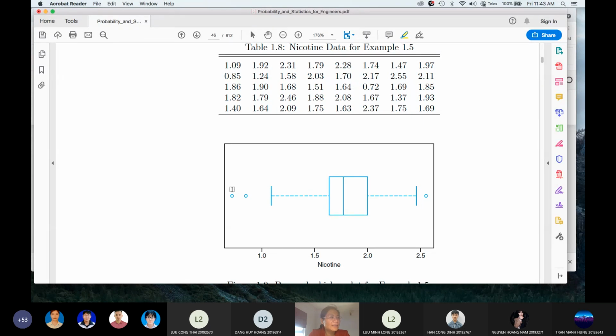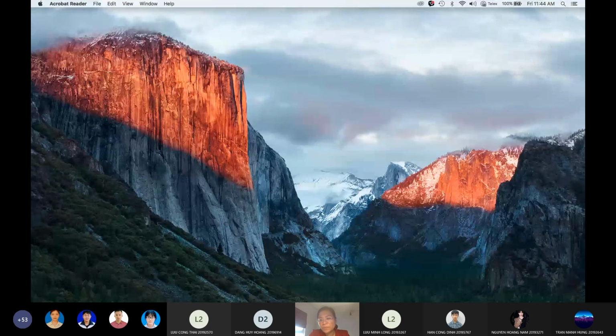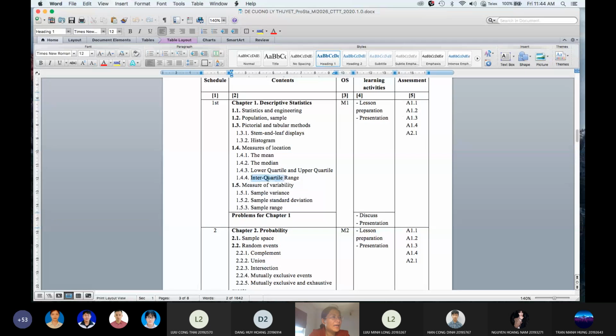However, in some cases we see outliers. How do people find outliers? There is a new concept: the inner quantile range. I have just shown you the lower quantile is Q1, the quantile 0.25, and the upper quantile is Q3, the quantile 0.75.